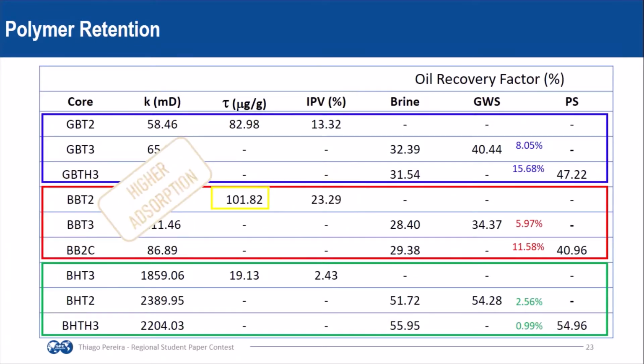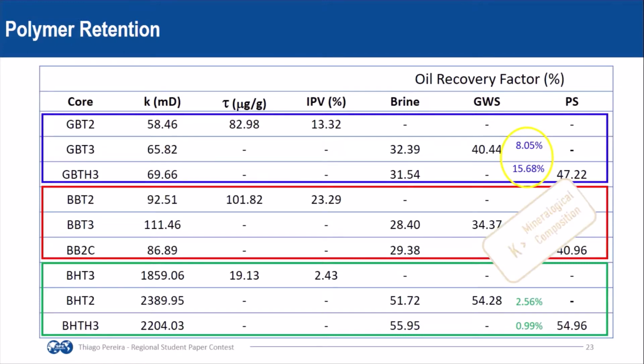And the higher the retention, the higher the inaccessible pore volume. The influence of polymer retention in oil displacement tests was stronger in low permeability cores. So it means that permeability has a higher influence on polymer retention when compared to mineralogical composition.